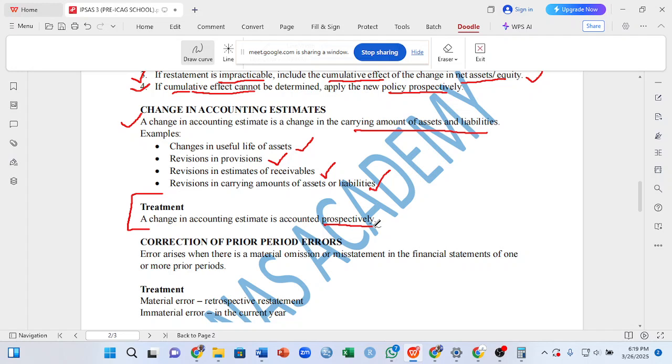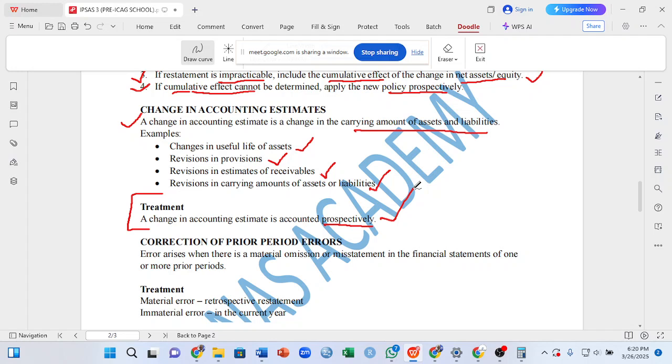By implication, you apply the change in year two. Someone will say, oh, at the end of year two means year two has elapsed, so we should apply the change in year three. No, the standard is saying prospectively. Prospectively means now and future. So even if it is 31st December, you still apply the change in that year.